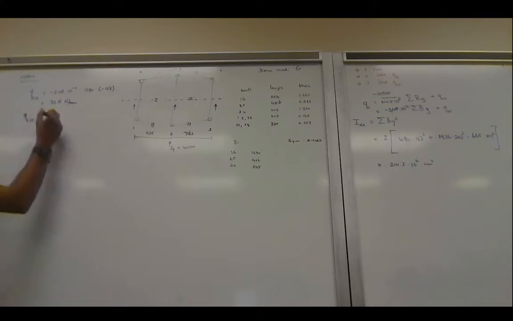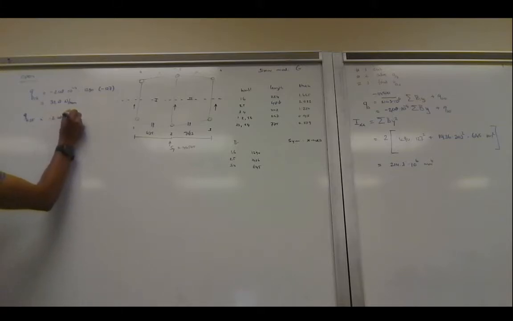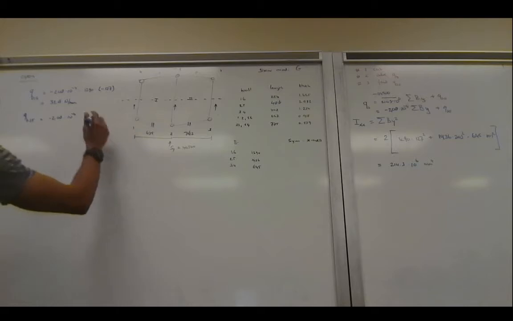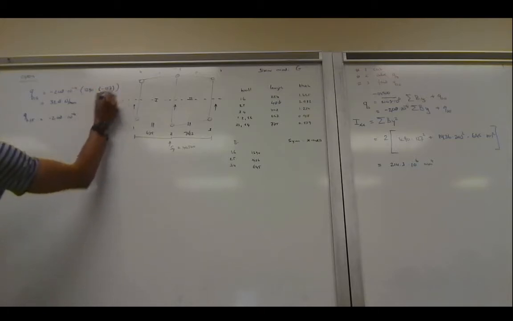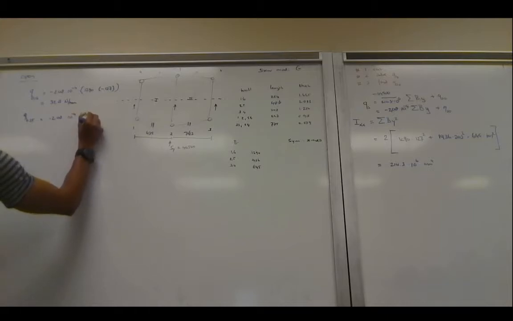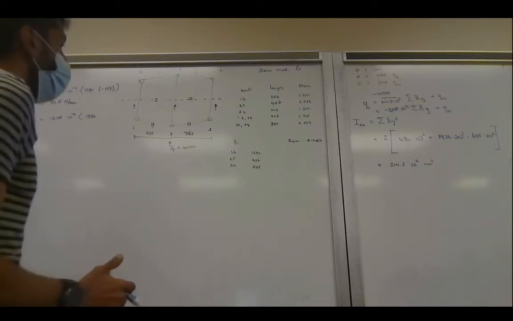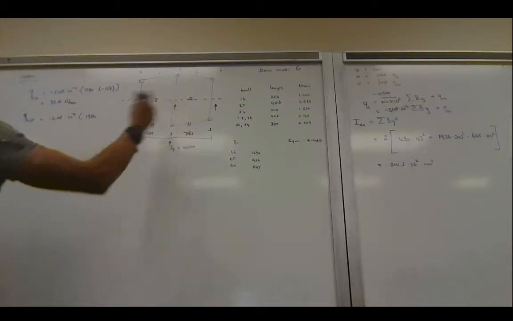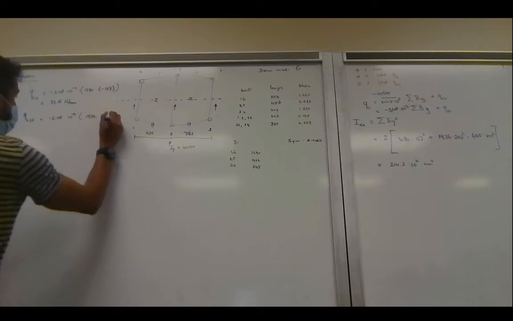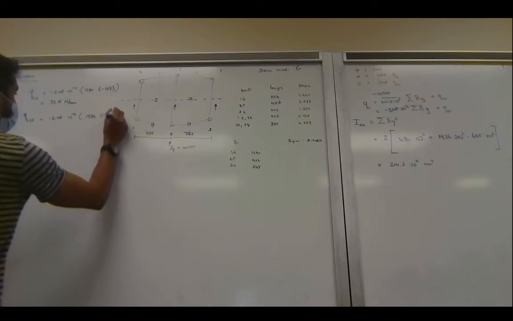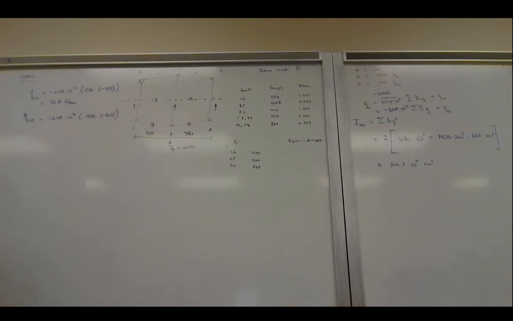So we're going to do QB 2.5, same thing, negative 2.08 times 10 to the minus 4, and then this boom area, which is 1936, multiplied by 203, and then this must be negative as well, because we are under the negative region of the y-axis.